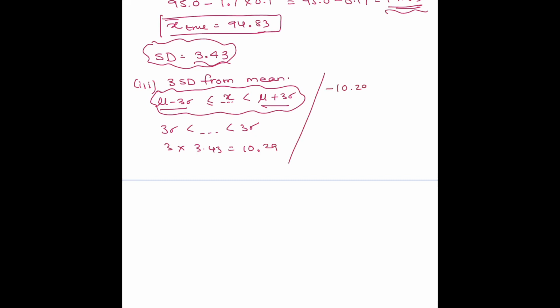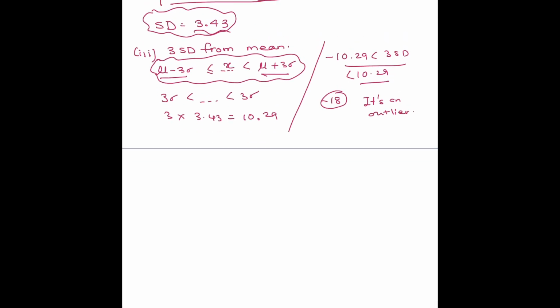So any value between negative 10.29 and 10.29, within 3 standard deviations, is fine. Any value beyond this is an outlier, right? So I am trying negative 18, which is beyond this, so it's an outlier. Right? Let's try the next one.